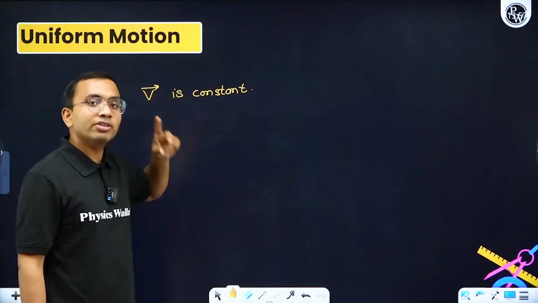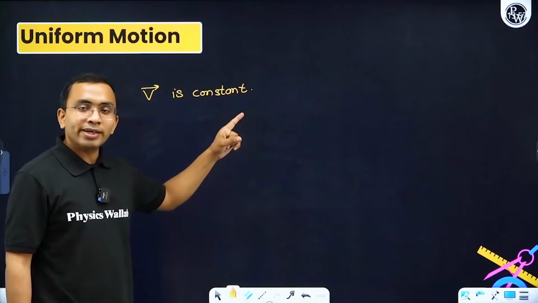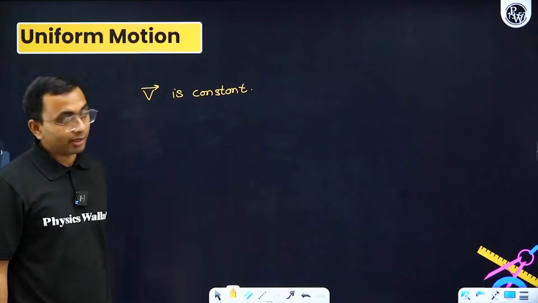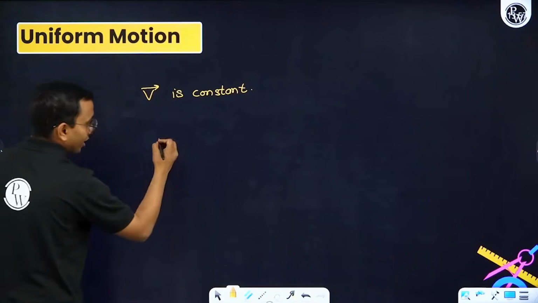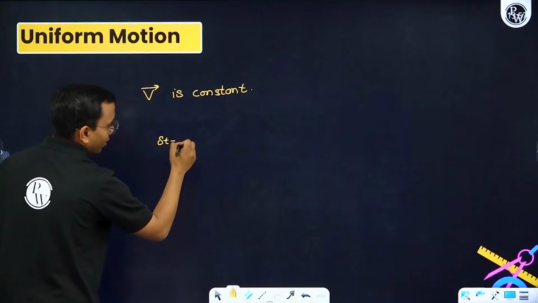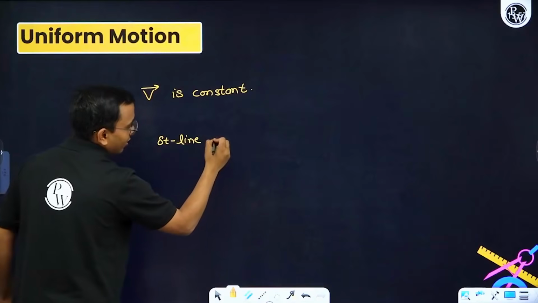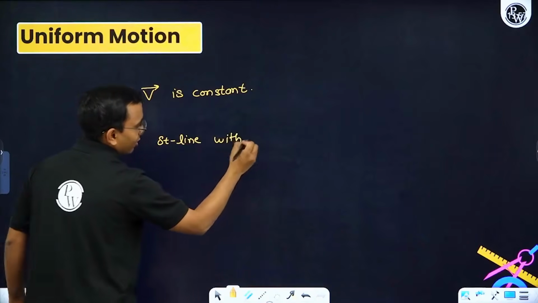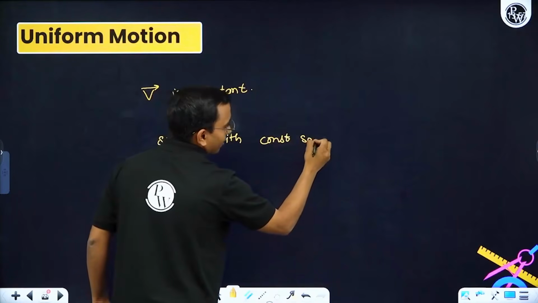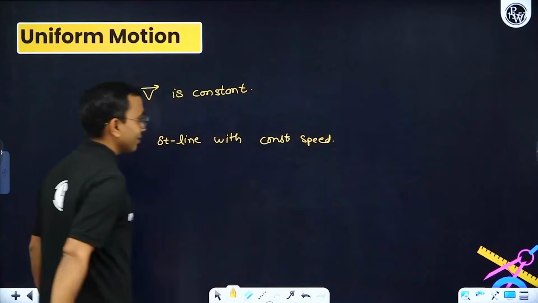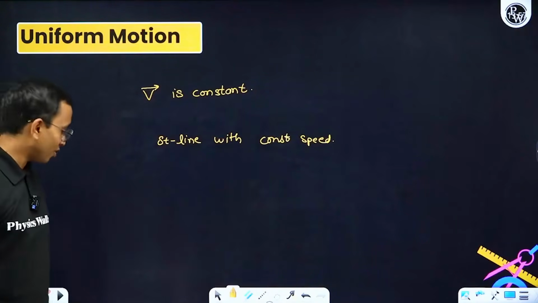It means the particle just moves in a straight line with constant speed. That we say uniform motion. The particle will move in a straight line with constant speed. If that is the condition, motion is uniform.